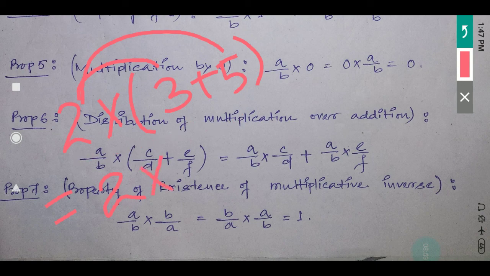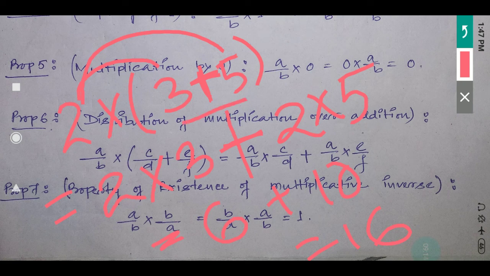So we have to do the multiplication like this, 2 into 3 plus, here plus is given, that's why I will write here plus 2 into 5. So that is 2 3s are 6, 2 5s are 10. That means 16. And you simply, without applying this property, simply you do 5 plus 3, 8, 8 into 2, 16. Also you have got 16.